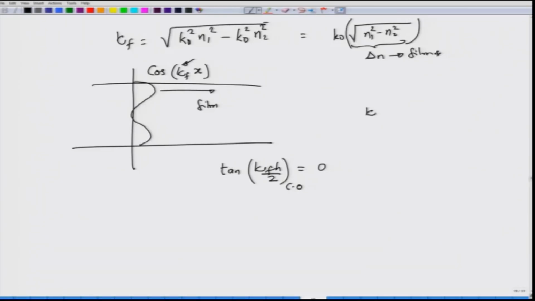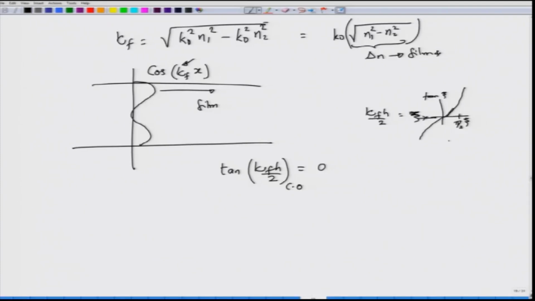If you think of kappa f h by 2 as some variable, say zeta, and plot tan of zeta with respect to zeta, this is how it looks. At pi by 2 it goes off to infinity, at 0 it is 0, and on the negative side at minus pi by 2 it goes away to minus infinity.